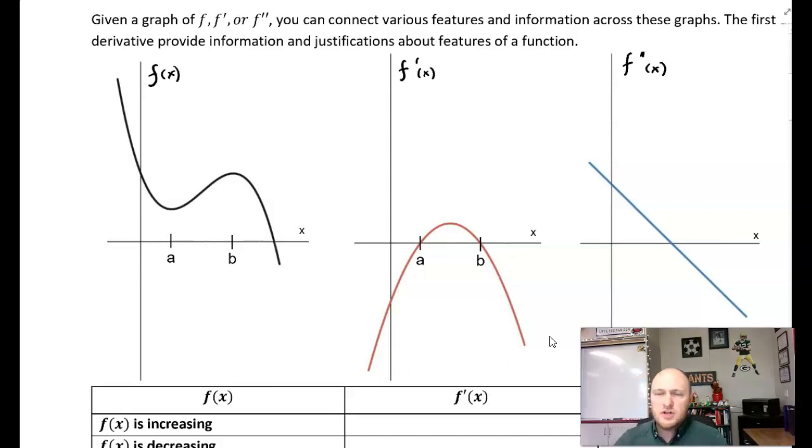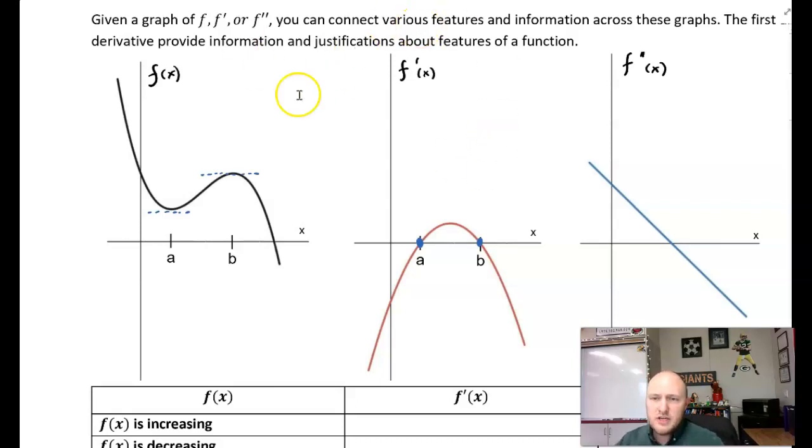Now, when you're looking at a function's maximum and minimum, the first thing you should see at a and at b is that our slope is 0. You can see that on this graph of f prime, where our slope at a and b is 0.